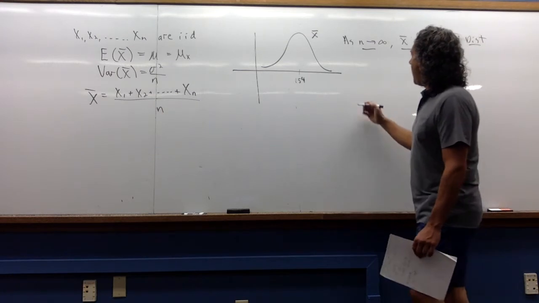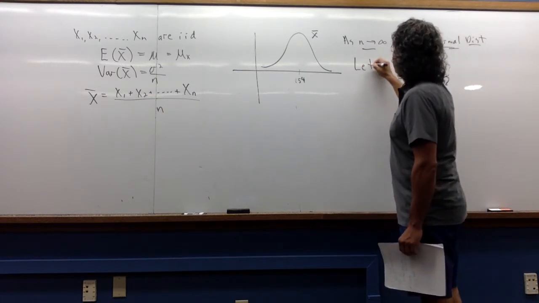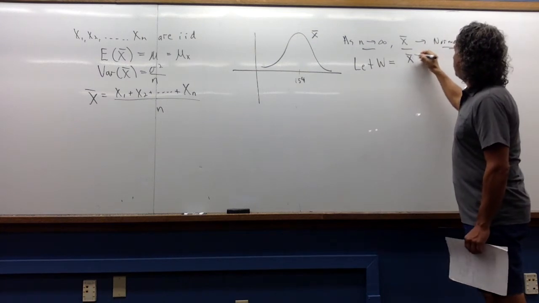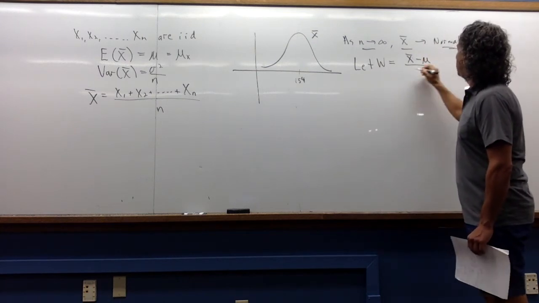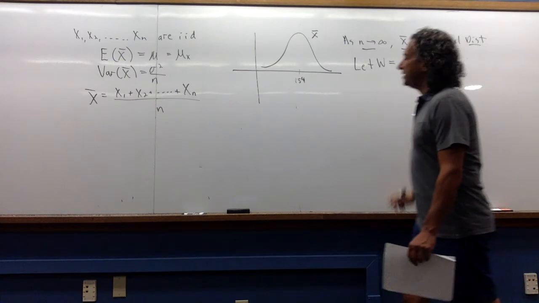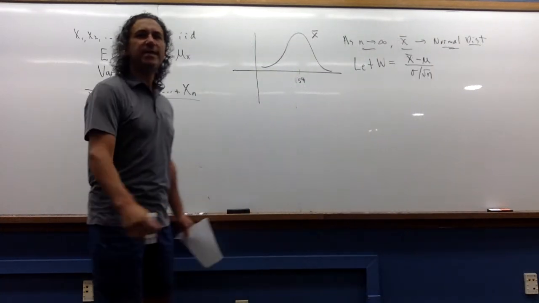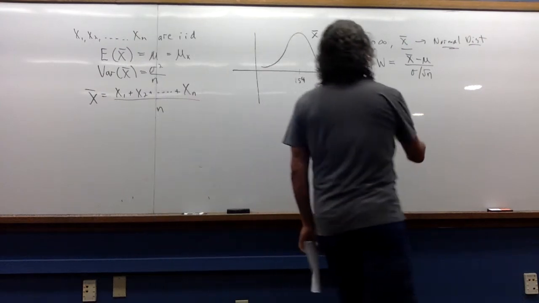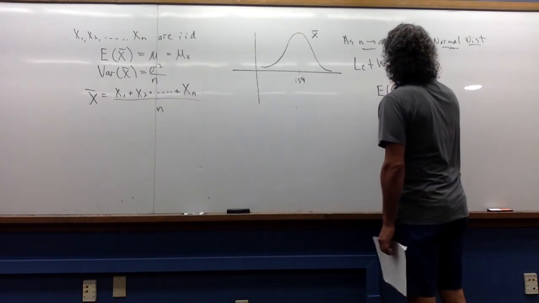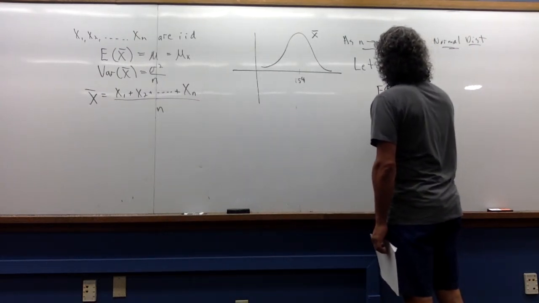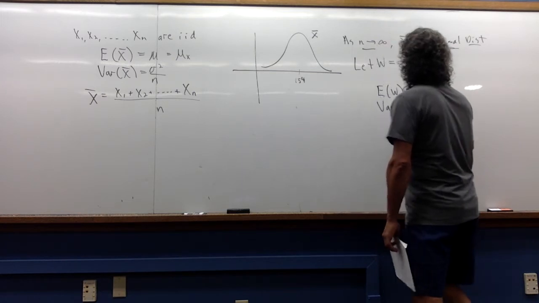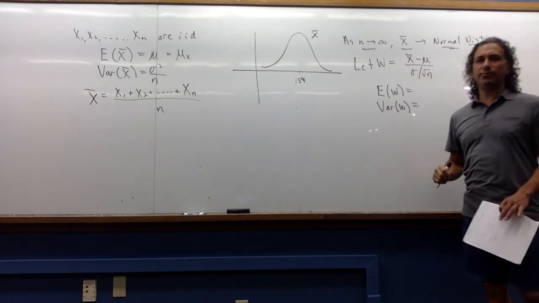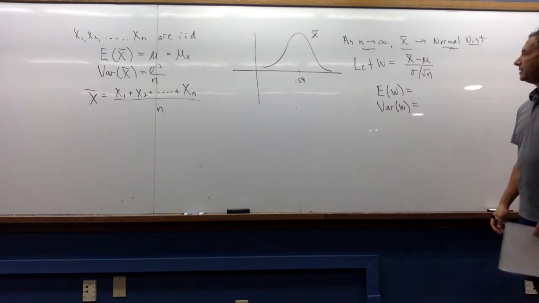Okay, so I'm going to introduce a new random variable. I'm going to call it W. Seems a little strange. W equals x bar minus mu over sigma over root n. And I want you to pause the video and find the expected value of W and the variance of W. Once we have these pieces along with this, we'll be able to prove the central limit theorem.